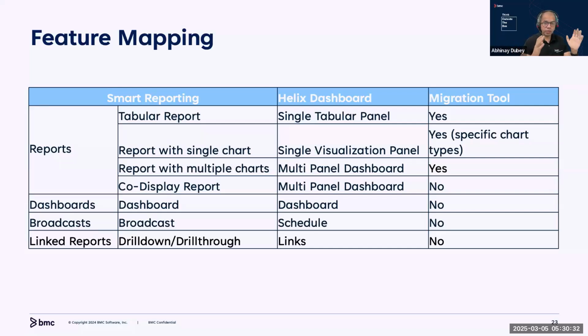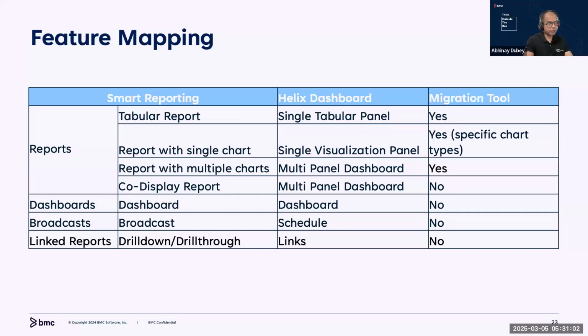So there are many other features where we can do a comparison between the two, but for the purpose of migration, these are the ones that really matter to us. So first thing that you need to understand is, if you look at Smart Reporting, you have different object types: reports with single visualization, tabular reports, core display reports, which have embedded child reports in them, or a dashboard.